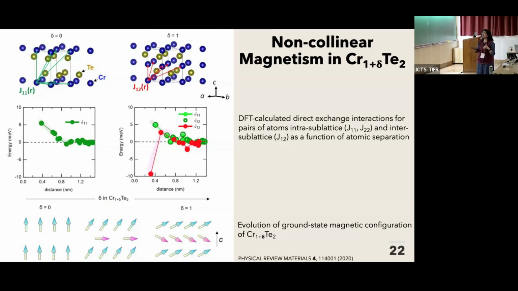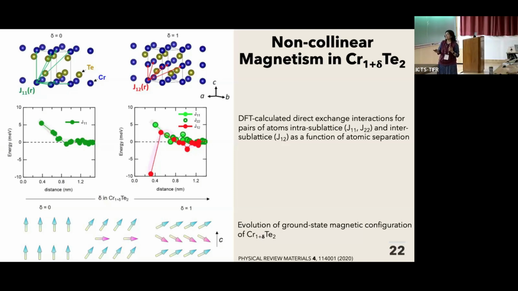Depending upon that, what we see is that when delta is 0, that means there are no chromium intercalants, the spins are all nicely ferromagnetically aligned. But as soon as you start introducing these intercalants, the angle between chromium and tellurium is going to increase, and that also introduces in-plane spins.